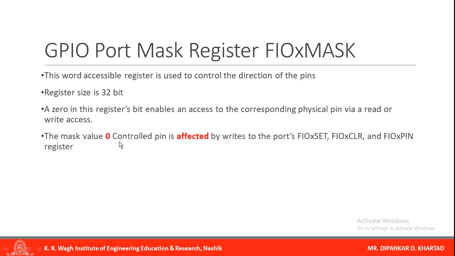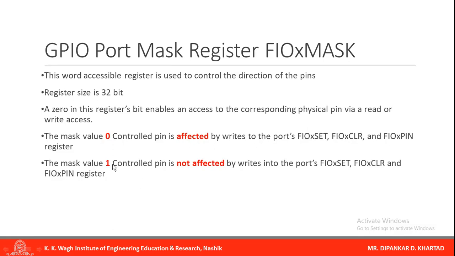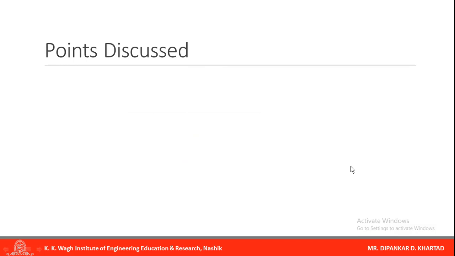The mask value 0 means the pin is affected by writing to the port's FIOSET, FIOCLR and FIOPIN registers. Mask value 1 means the pin is not affected by writing to the port's FIOSET, FIOCLR and FIOPIN registers.